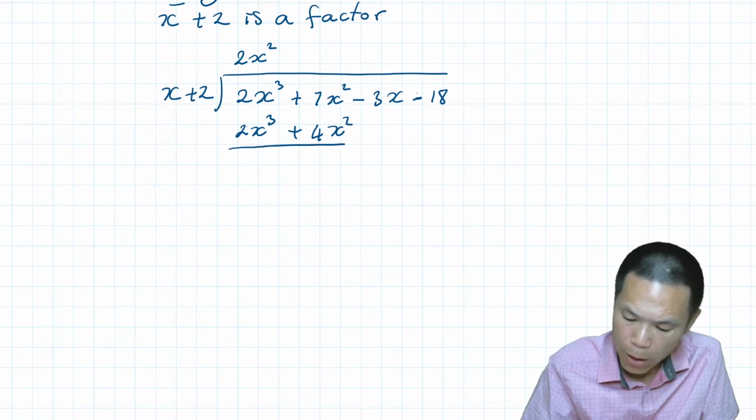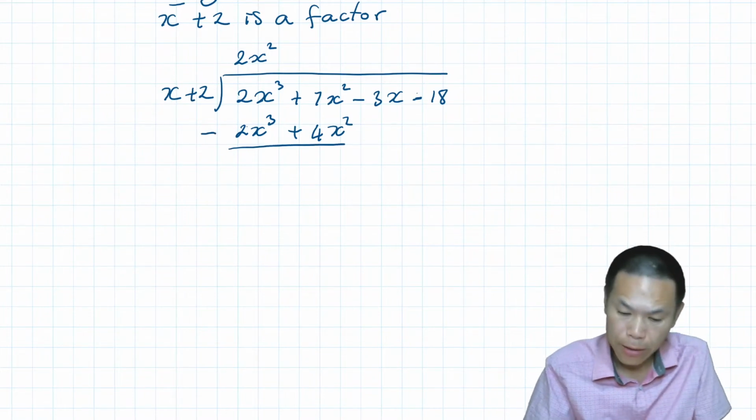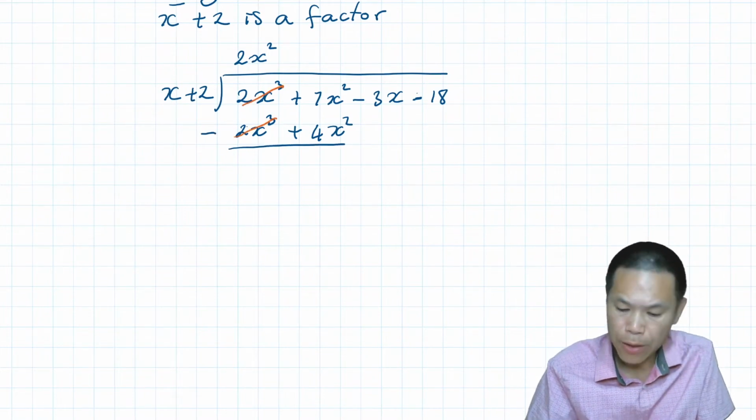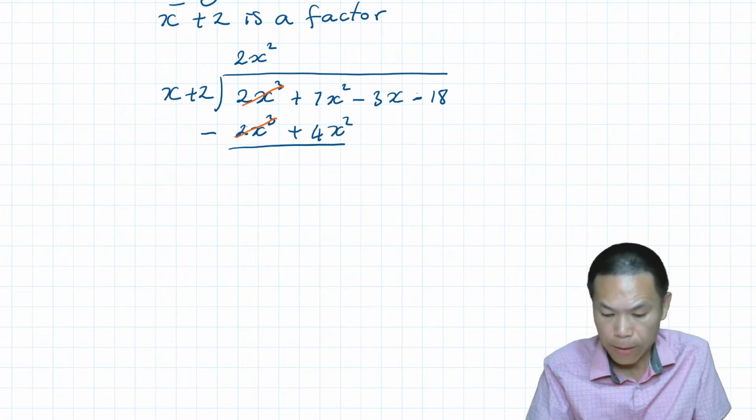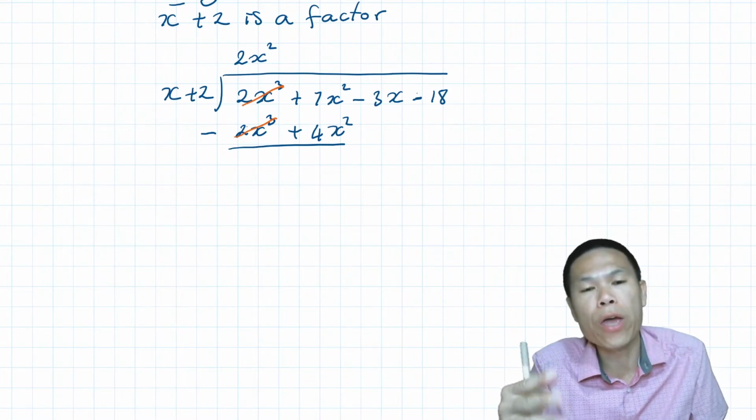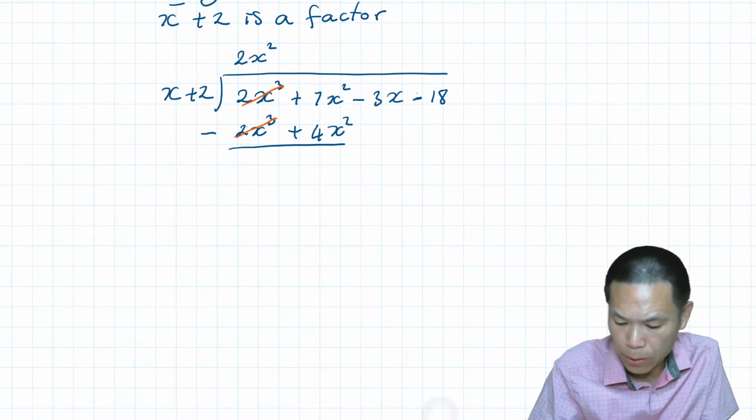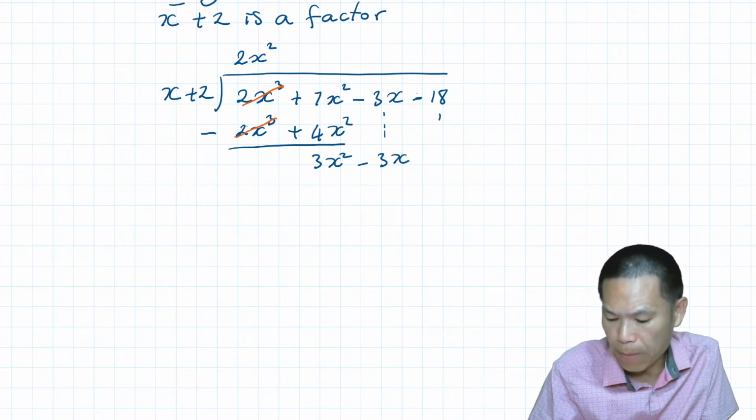So what I do now is I just subtract. This cancels out and we're left with 7x squared minus 4x squared, which equals 3x squared. And this minus 3x, I just write this down, and minus 18, I'll write down as well.